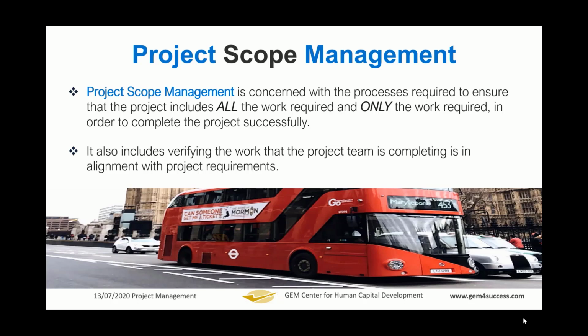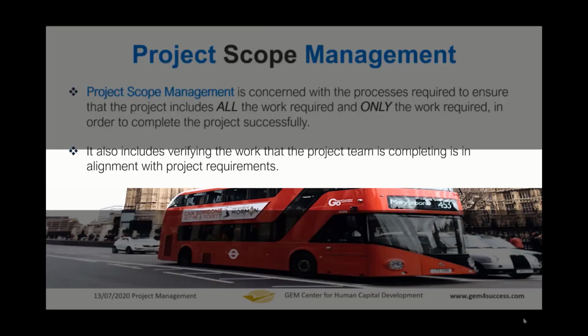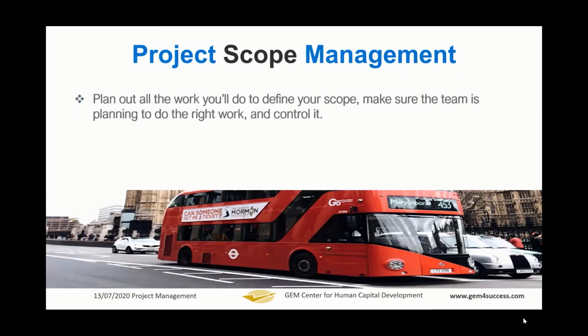There's so much involved in managing the scope of a project. You want to be able to define the scope of the project, and then you want to be able to control the scope of the project. It also includes verifying the work that the project team is completing to confirm that it is in alignment with project requirements.